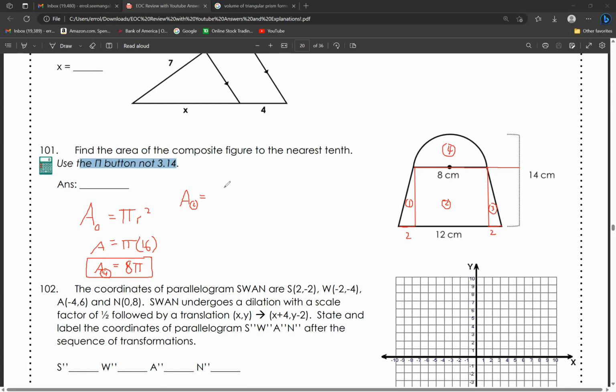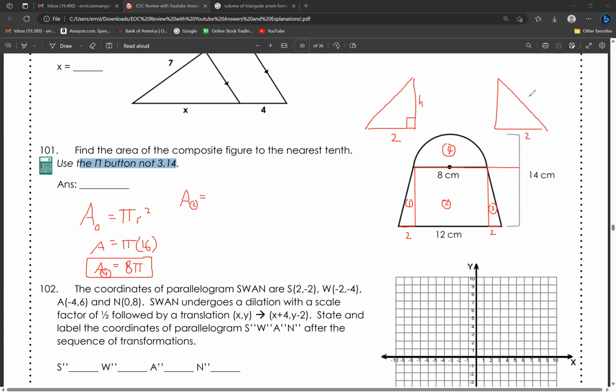Do we know the height of the triangle? Let's figure it out. We know this is 2. We want the h there, and it's the same thing as this triangle.